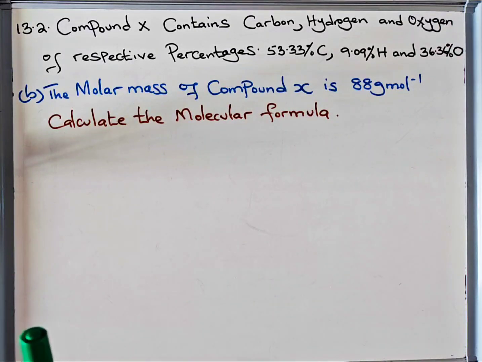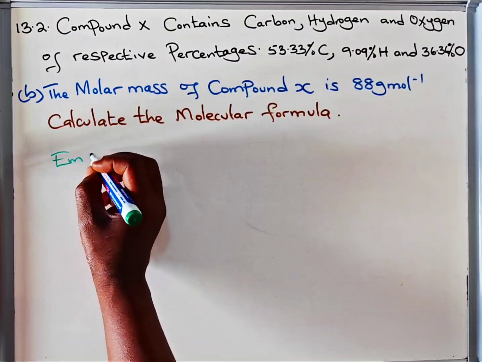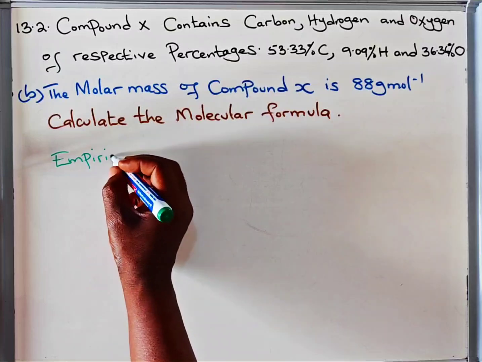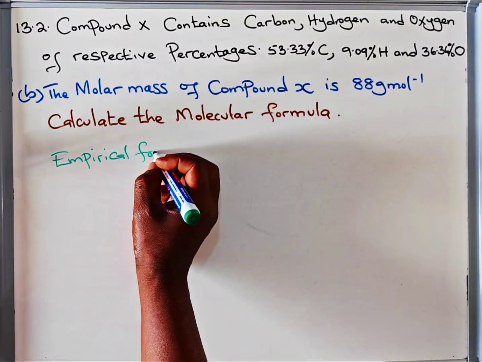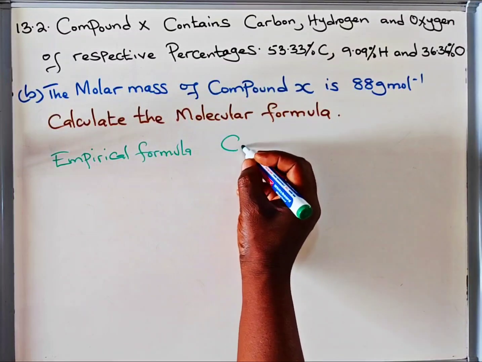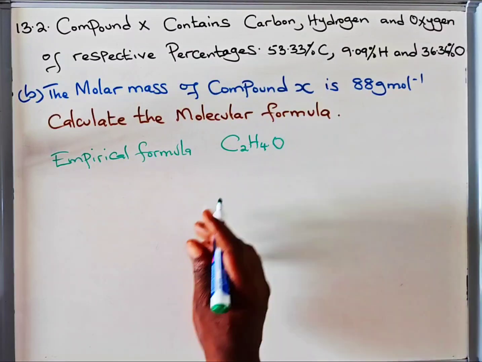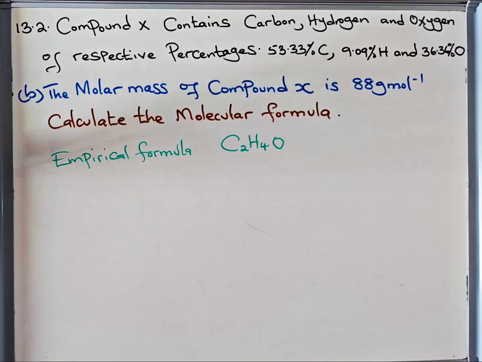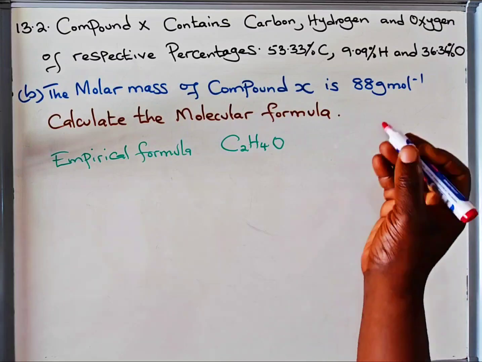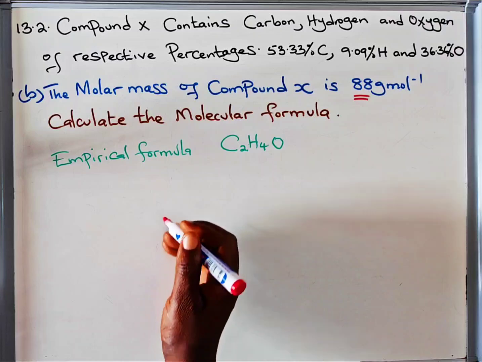This is what you have to remember, that you will have the empirical formula, and it was C2H4O. That was our empirical formula. And we have been given the molar mass. So what do we do under this circumstance?